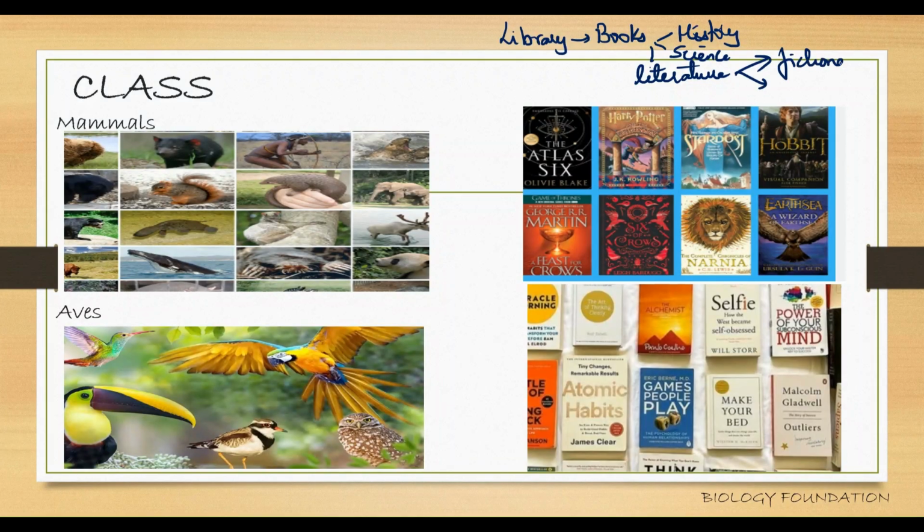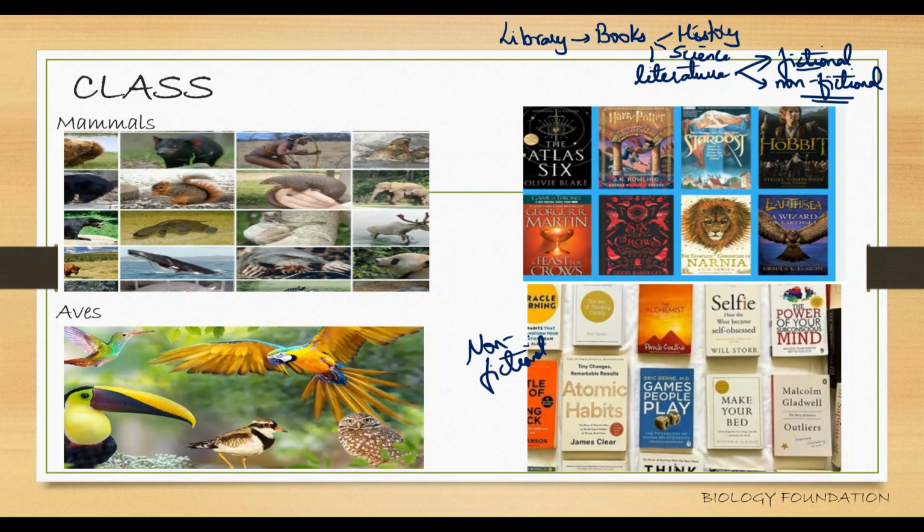They can be fictional and non-fictional. When I say fictional books, that means they are all imaginary, not realistic. Non-fictional books are something which are realistic, something like motivational books. You have some self-growth books, personal development books. Now, can you see all these are non-fictional books?